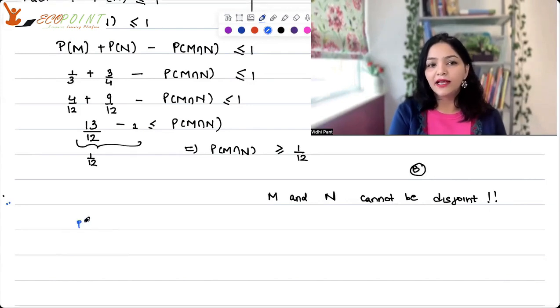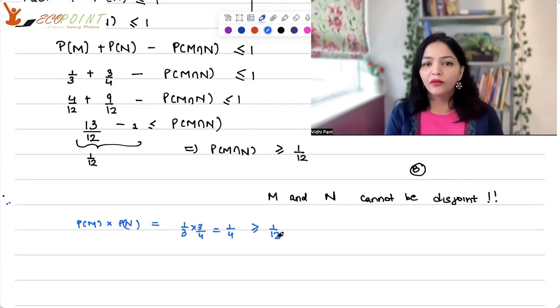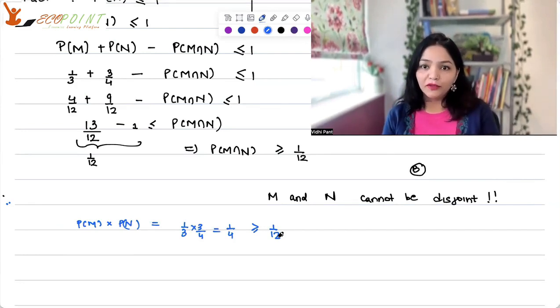Independence, actually what is happening for the independence, let me just give you a brief on that also. Probability of M into probability of N, when we do it, 1/3 into 3/4 will be 1/4. 1/4 is definitely strictly greater than 1/12, right? 1/4 is of course more than 1/12. But the thing is, I don't have the probability for the intersection.